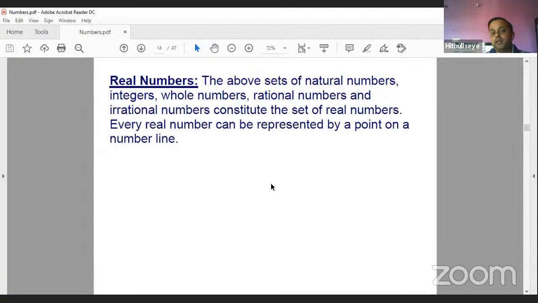So whenever we say real numbers, that doesn't mean real numbers are only 1, 2, 3, 4 or -1, -2. Real numbers can include natural numbers, whole numbers, integers, rational, irrational, every kind of number. Simply, the number with which iota is not written can be categorized as a real number.